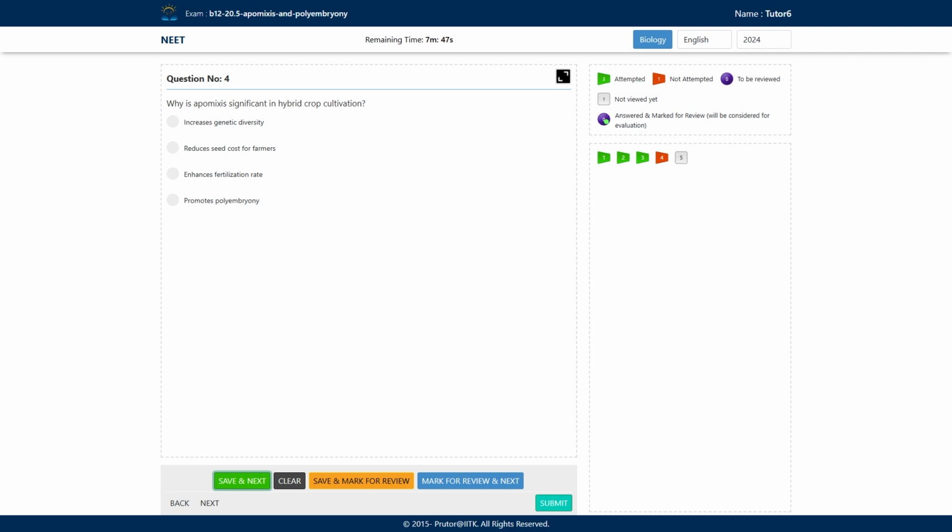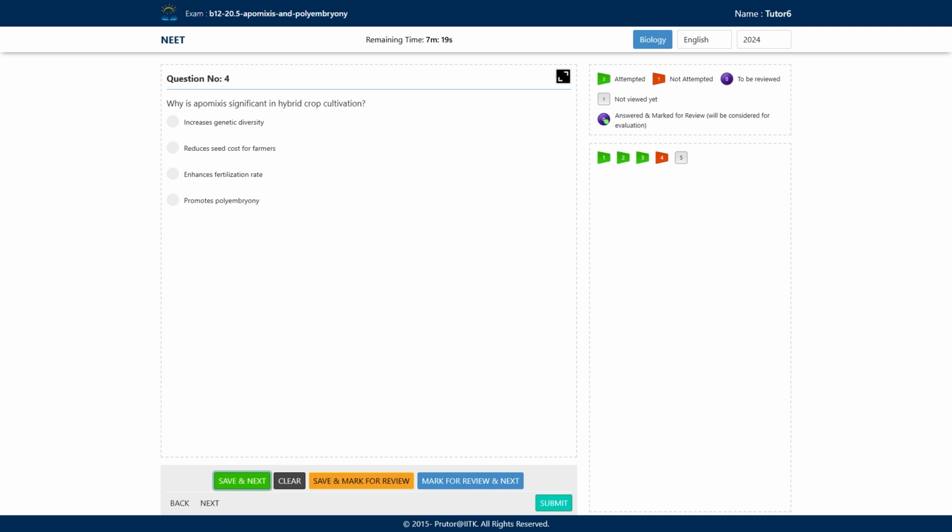Why is apomixis significant in hybrid crop cultivation? We have discussed it today, right? A. Increases genetic diversity, B. Reduces seed cost for the farmers, C. Enhances fertilization rate, D. Promotes polyembryony. Why do we use apomictic seeds?